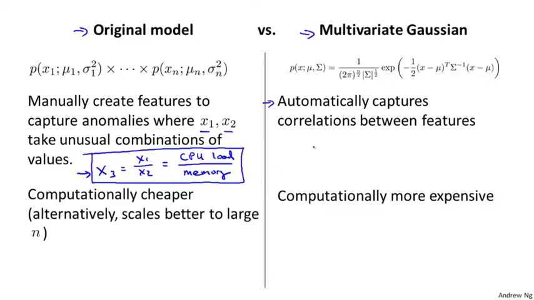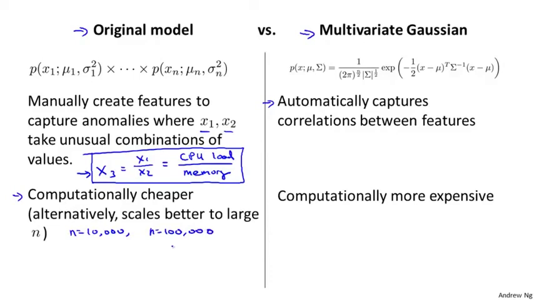And one huge advantage of the original model is that it is computationally cheaper. And another view on this is that it scales better to very large values of n, to very large numbers of features. So even if n were, say, 10,000, or even if n were equal to 100,000, the original model will usually work just fine.